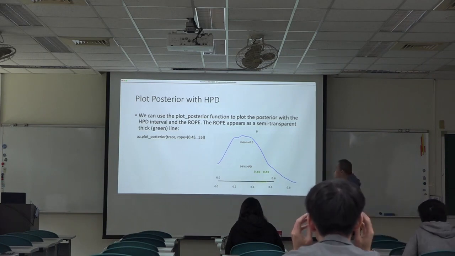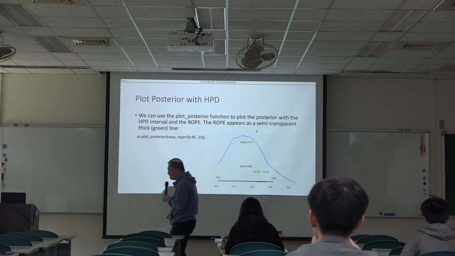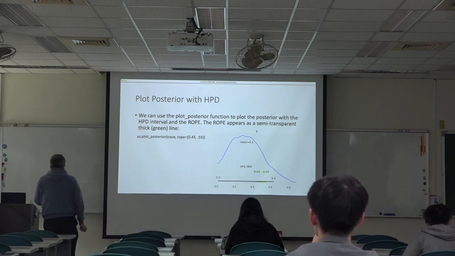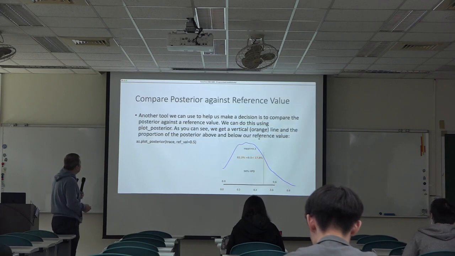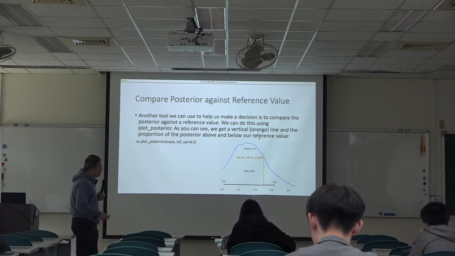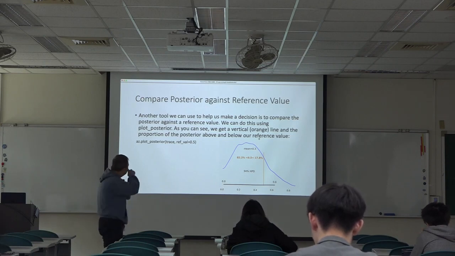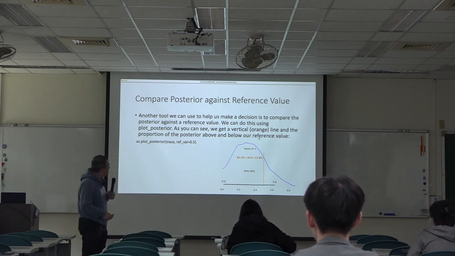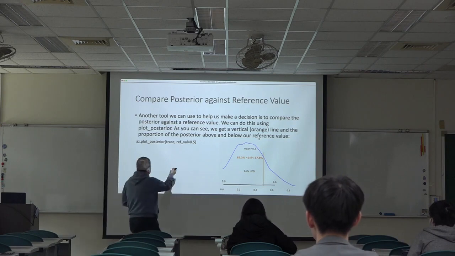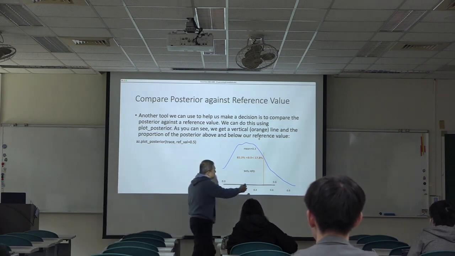So I already explained how you can set up the rope in the visualized diagram, and you can also set a reference value in your posterior distribution. When you use plot posterior, just set ref_val, in this case, to 0.5, and it looks like this.